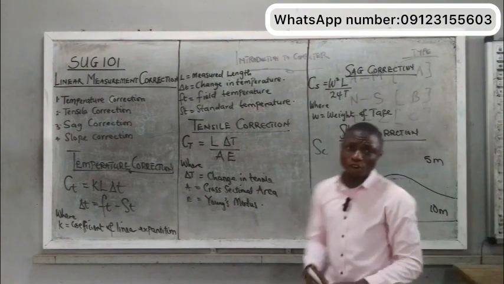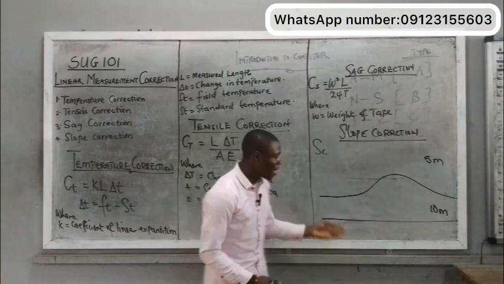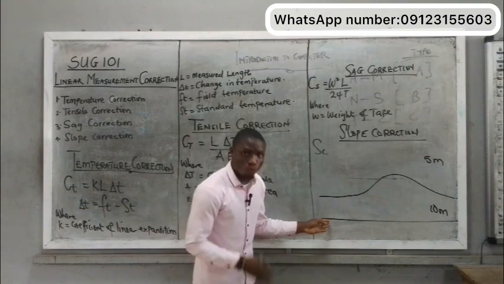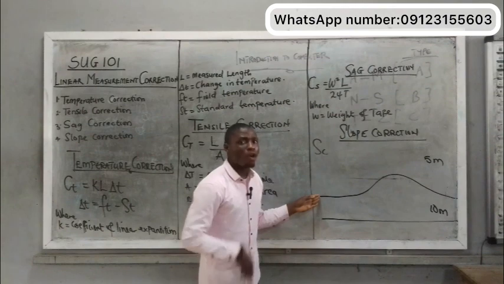And slope correction will be given in two cases. Case 1: when you have a straight incline, what will you apply? Case 2: when having a sloping ground this way, what will you apply?